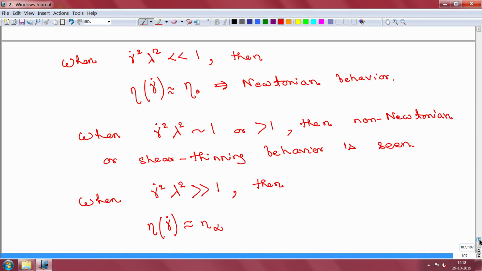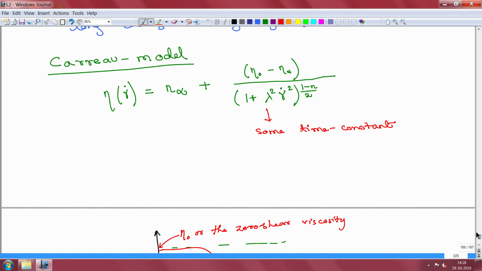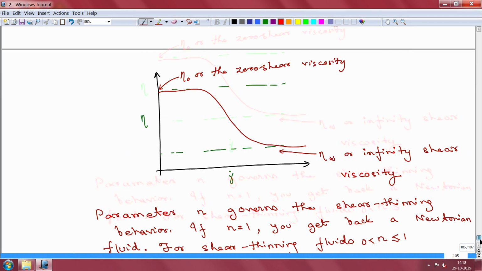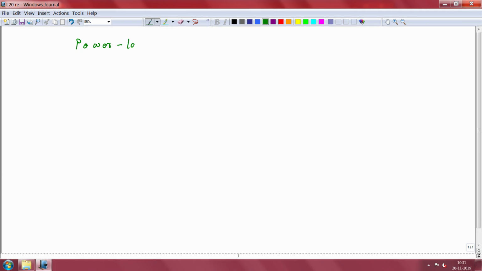So, this particular Carreau model, if you take the situation where we are looking only at the part where the shear thinning behavior is very dominant, so, if you are already in a range that the shear thinning behavior can be seen very predominantly, then you end up with what is called a power law. You can devise another constitutive relationship which is called the power law fluid.